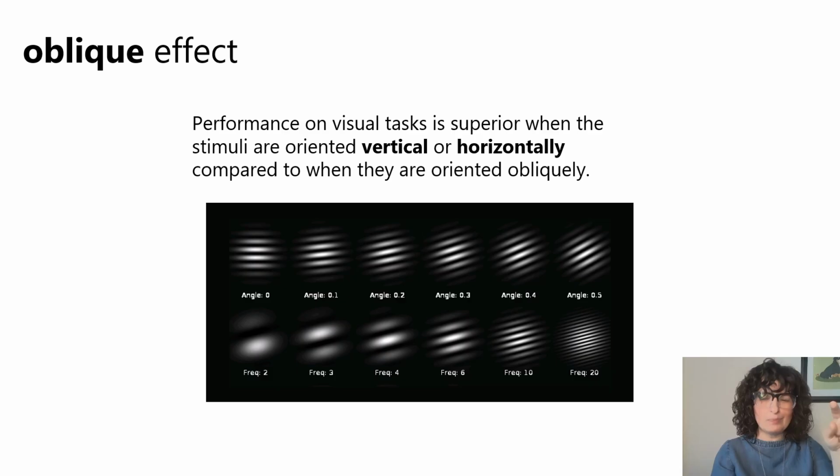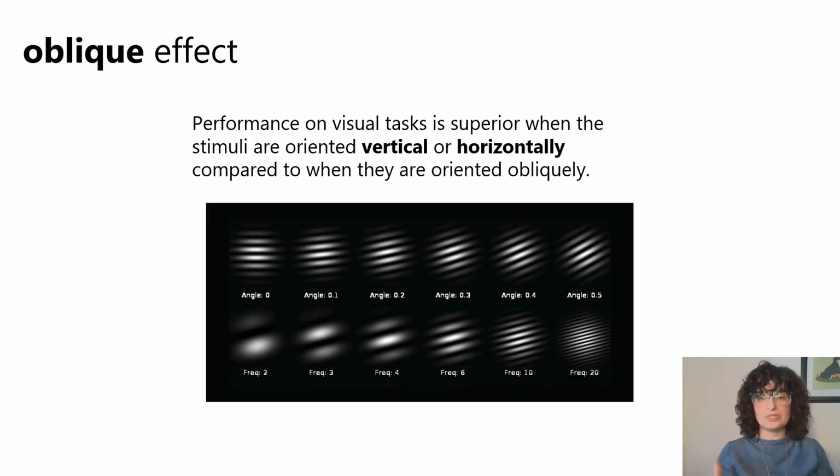So at the top, you can see a moderate level of frequency, but what's being varied there is the angle of orientation. At the bottom, you're actually seeing a difference in terms of the frequency, and researchers can use these spatial grating circles in order to test people's perceptual abilities.